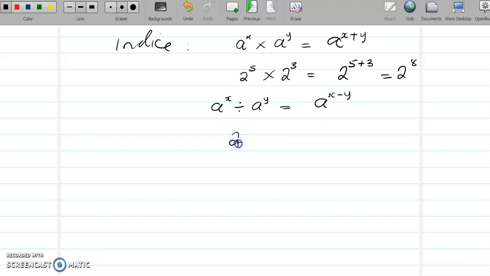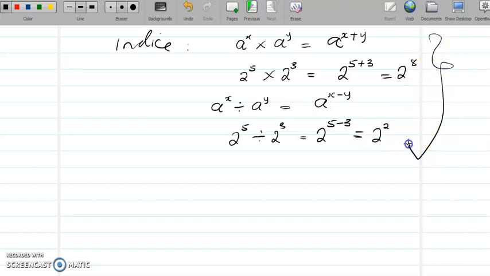If I have 2 raised to power 5 divided by 2 raised to power 3, this means 2 raised to power 5 minus 3, which gives us 2 raised to power 2. Okay, these are the indices, and we are going to use them in solving questions in standard form.